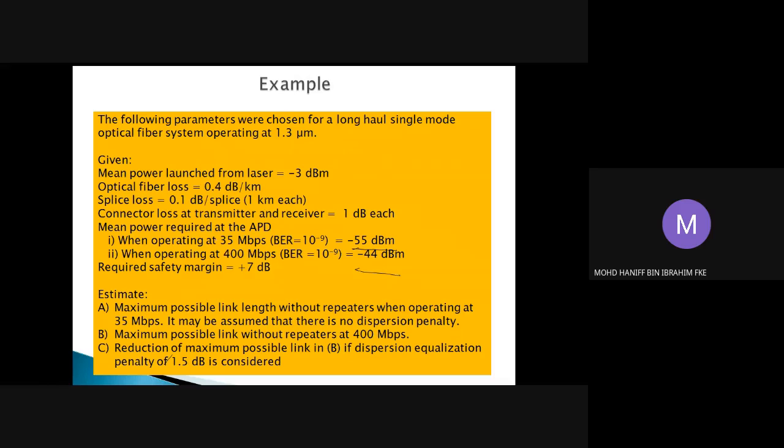And then we also need to find the maximum distance at 400 megabit per second operation for the APD with the sensitivity of -44 dBm. So basically, this question is similar to what we have done earlier in example number 1. Okay, so we shall proceed further with the solution of this example.